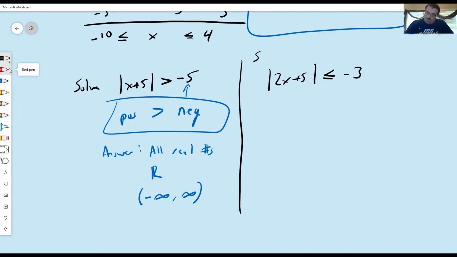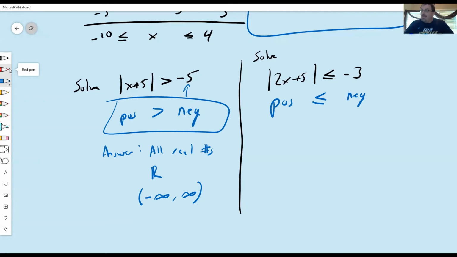What happens when we solve a situation where the absolute value is less than a negative? So the distance of the inside from 0 is minus 3. That doesn't really make a lot of sense when we say it out loud. Distance can't be negative, so it doesn't make sense. But again, just work it out. The absolute value will always be a positive number. The left side is negative.